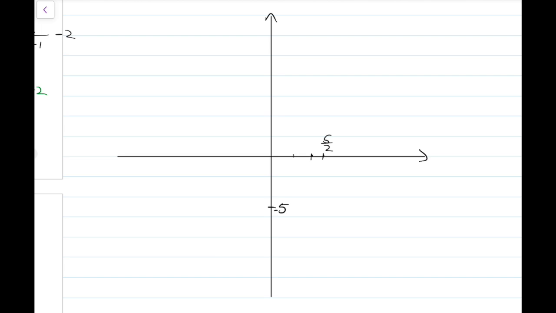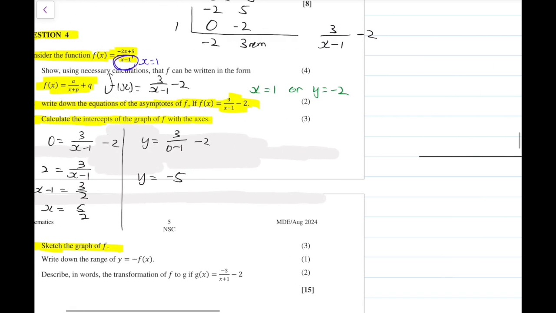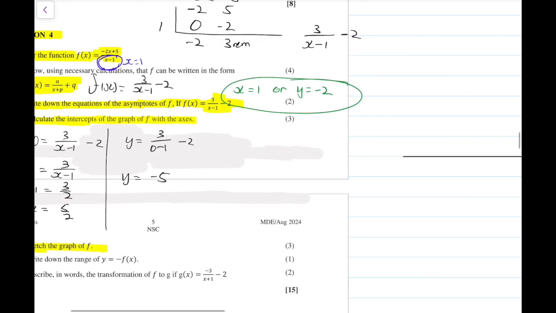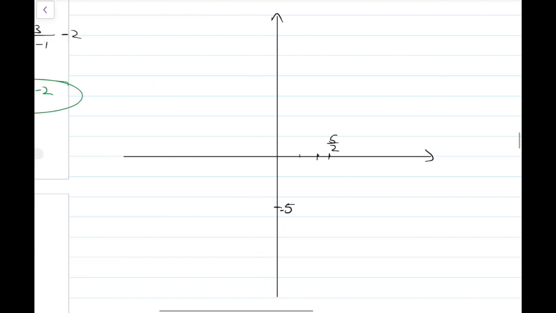And now it's on to the asymptotes themselves. So we know asymptotes is x equal to 1 and y equal to minus 2. So x equal to 1 is going to be this line here. And then y equal to minus 2 would be this line here. All right, now we just need to know our shape of our graph.